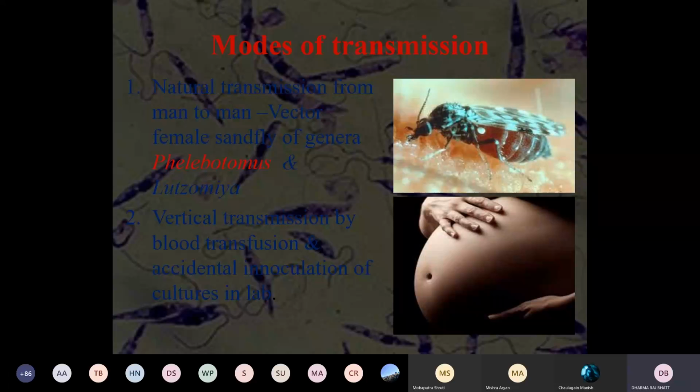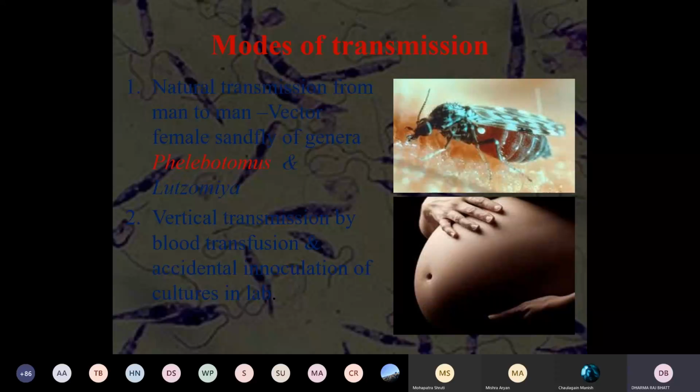So Leishmaniasis being a vector-borne disease, its natural transmission is from man to man. Man to man in the sense that a person with leishmaniasis is a potential reservoir host for transmission of the disease, not by direct contact, but the parasites need to be carried or transported by an insect, that is the female sandfly of genus Phlebotomus.